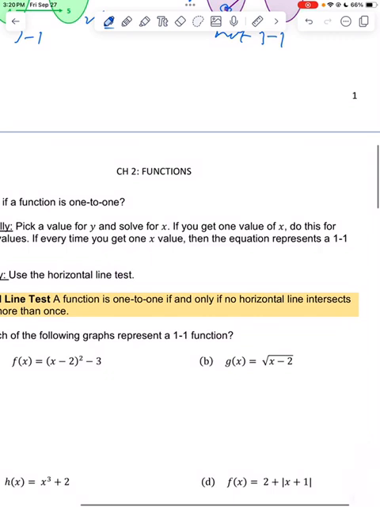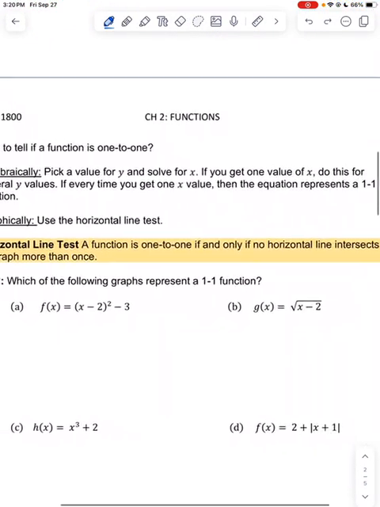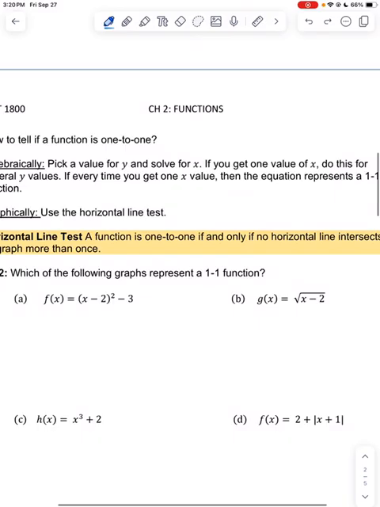You should do it for several values, not just one, but 3 or 4 values. If every time you get exactly one value of x, then the equation represents a 1 to 1 function. But if you get more than one value for x in your result, then the function is not 1 to 1.